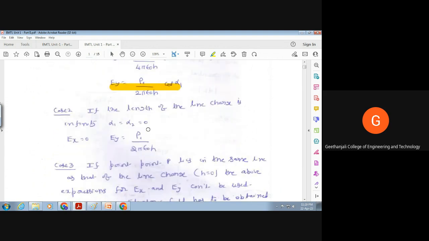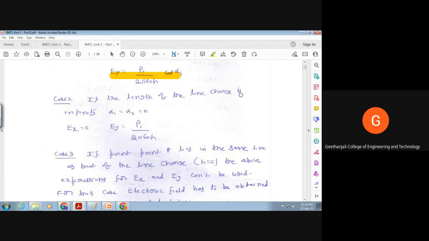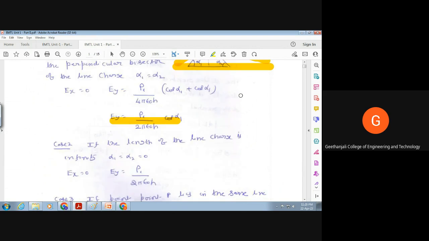Case 2. If the length of the line charge is infinite, now you can see that if you keep on increasing the length, both alpha 1 and alpha 2 would be reduced. So finally, if the length is infinite, alpha 1 and alpha 2 both would be 0.